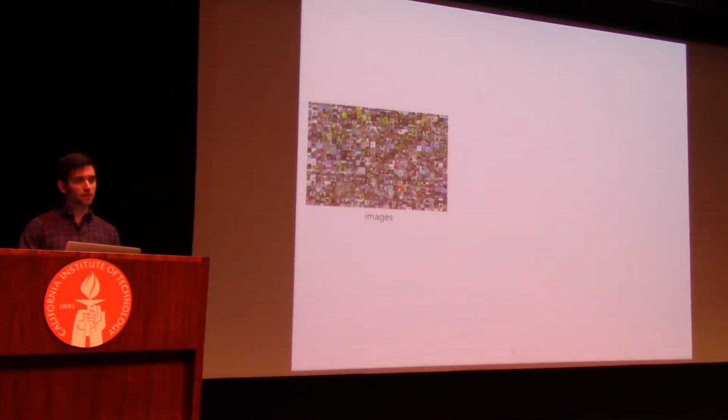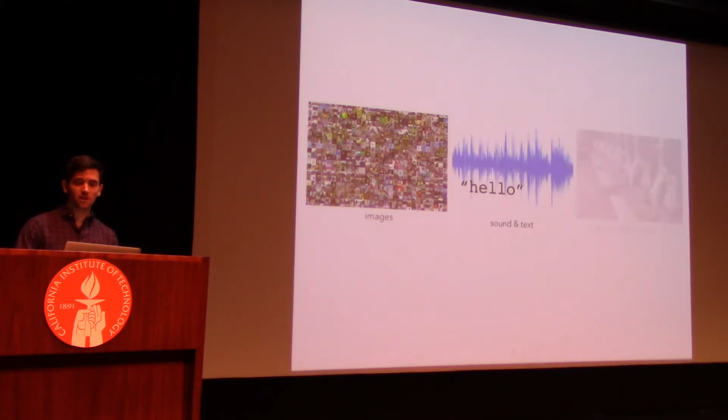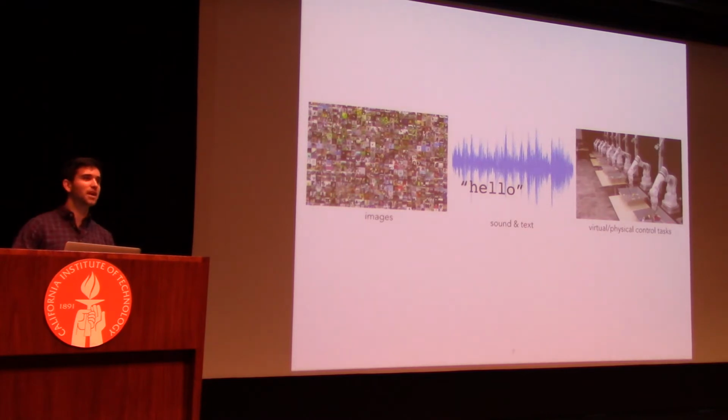And we talked a little bit about how deep learning has been such a hit lately because it's been able to tackle really complicated domains like images, speech, sound and text, and also handle both virtual and physical control tasks through reinforcement learning.